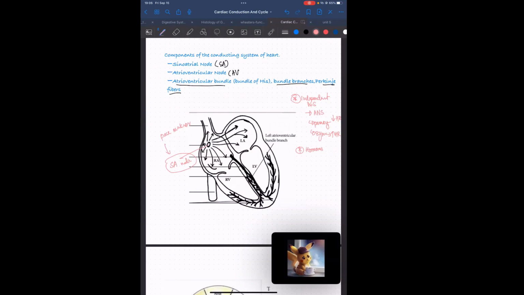Okay, the pacemaker of the heart is something that will create its own impulses, initiate the impulse and set the rhythm for the heartbeat. Because it can initiate its own impulses, according to the signals received from the parasympathetic or sympathetic, or depending on the hormone acting on it, it can react and set the rhythm of the heartbeat, whether the heartbeat should be faster or slower.